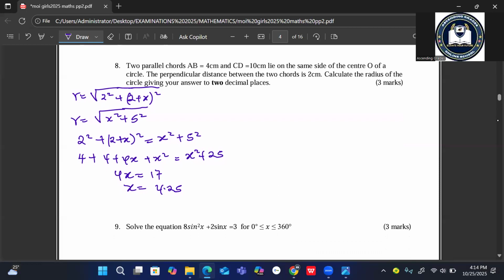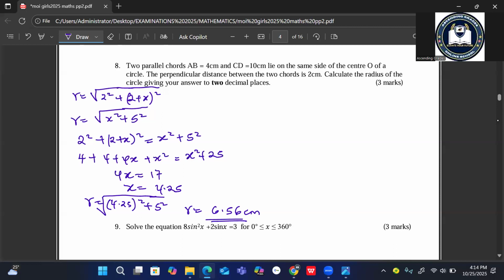Now, R is equal to the square root of x squared, which is 4.25 squared, plus 5 squared. So our R is going to be 6.56 centimeters.